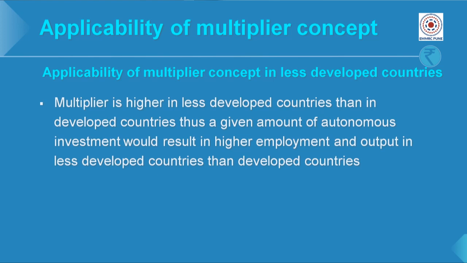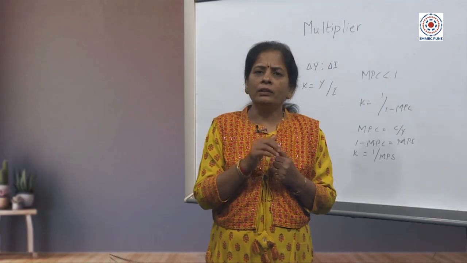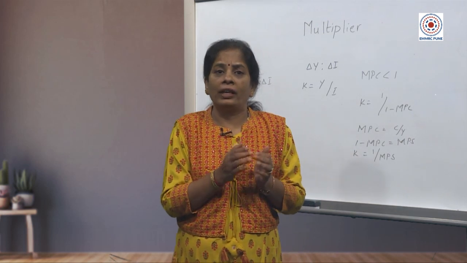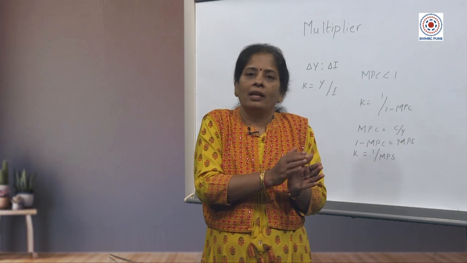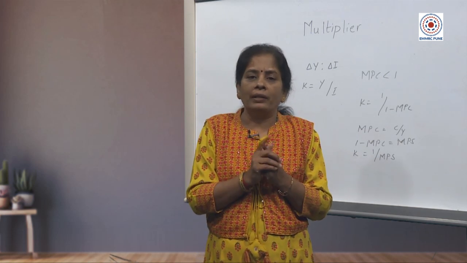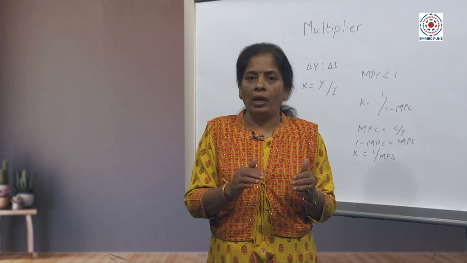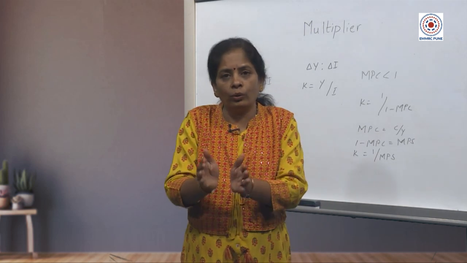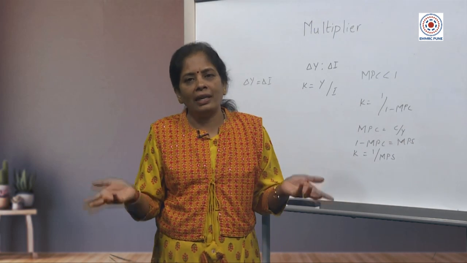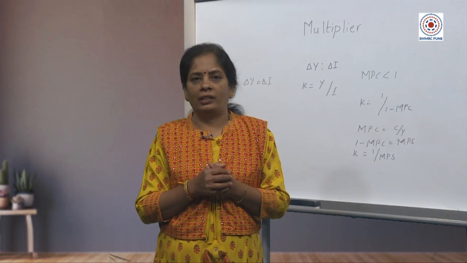Thus, a given amount of autonomous investment would result in higher employment and output in less developed countries than developed countries. The rate of growth as a result of additional investment will be higher in less developed countries than developed countries. But this does not hold true, as both the multiplier and the growth rate are lower in less developed countries than developed countries.